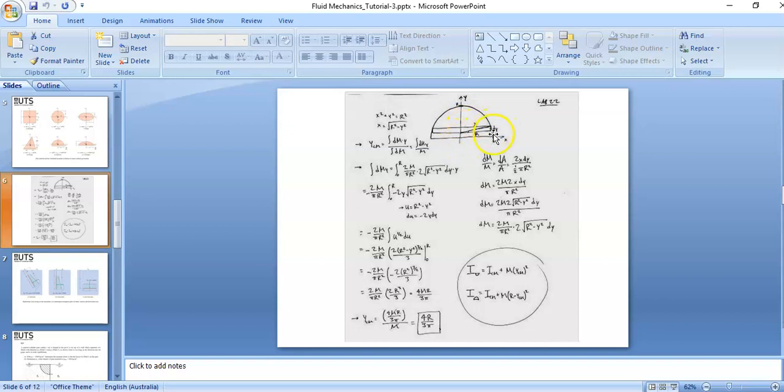How will you calculate this distance? All the derivation you will get here. You see this vertical distance y, it is 4r by 3 pi. So if you're interested, you can see this derivation here, or maybe your lecturer will explain this one, how to get this value, 4r over 3 pi.